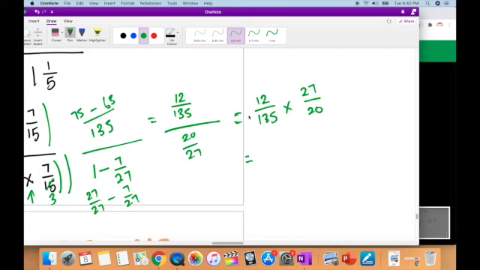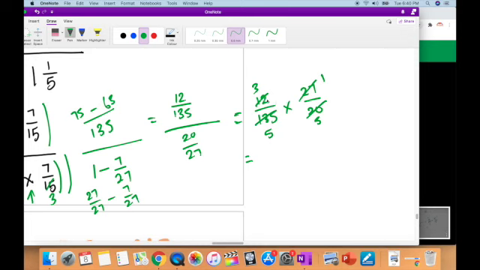So can 27 go into 135? Yes, it can. 27 times 5 is 135. So 1, and this is 5, and 12 over 20. Well, what do we get when you cancel 12 and 20? 5 4s are 20 and 3 4s are 12.